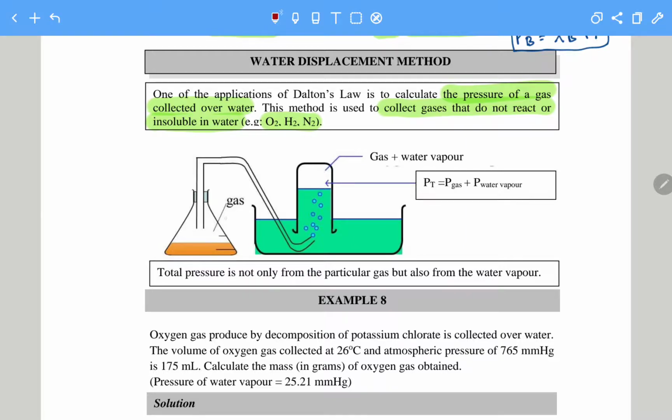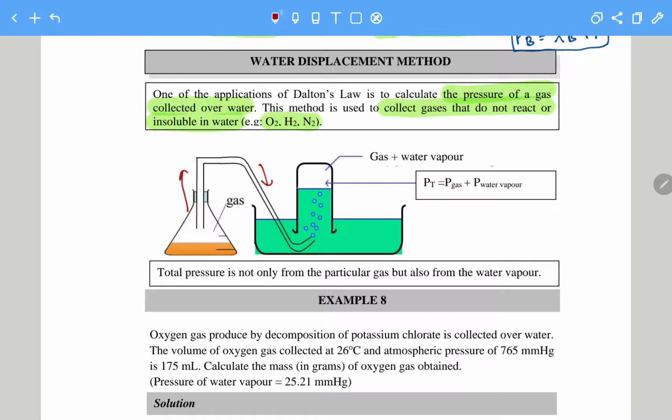So the gas that is produced by the chemical reactions, they akan flow through the tube, and since the gas does not react ataupun insoluble in water, dia just akan pop out and then dia akan being collected dalam chamber ni.